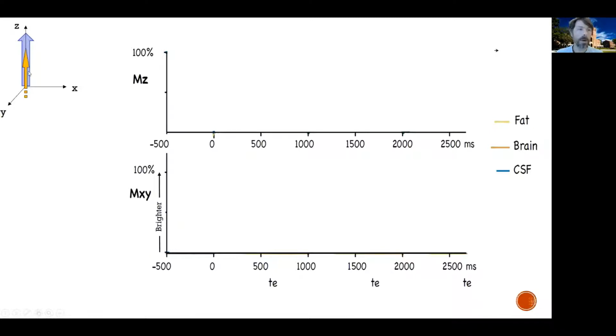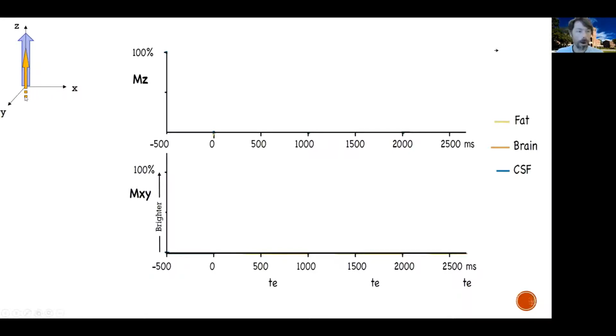The big blue arrow is B0, the magnetic field generated by the MRI machine. And then indeed, what I'm showing in these two graphs, MZ is how big is the projection of M0 on the longitudinal axis, so on the z-axis. And MXY is saying how big is the projection of M0 on the transversal plane.